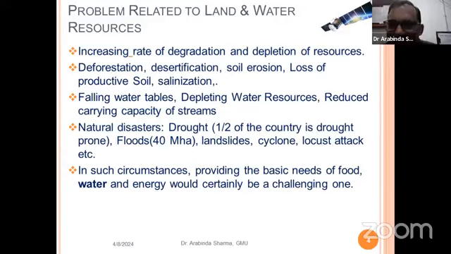So because of that problem, Chennai faced a lot of water issues, and different states had to send water tankers through railway to meet the requirement of Chennai city. So this is happening. Every now and then you will get to know about this kind of issue in one or another city of India also, and it is happening because of what? Degradation and depletion of resources.